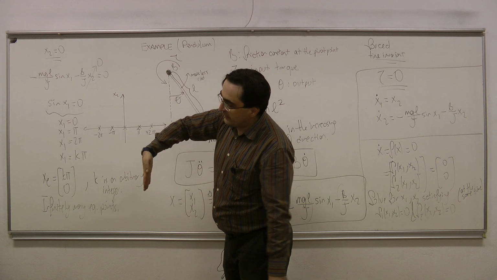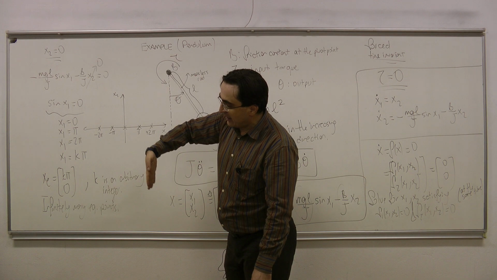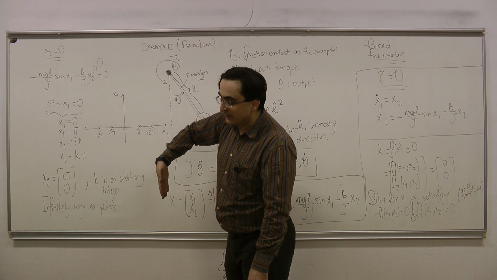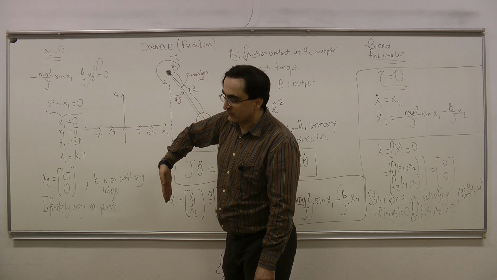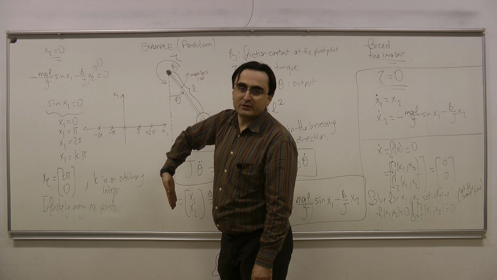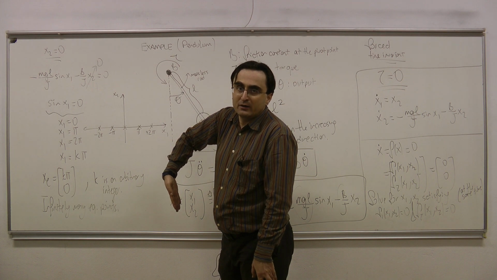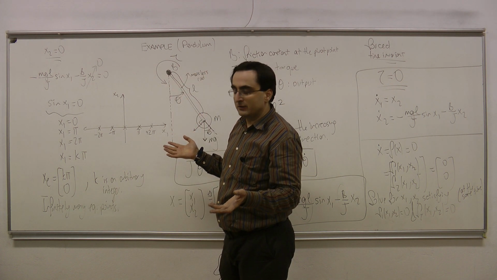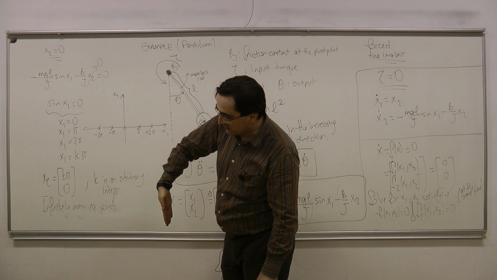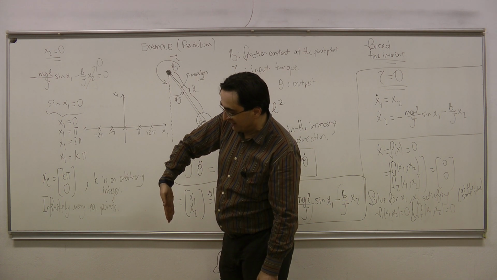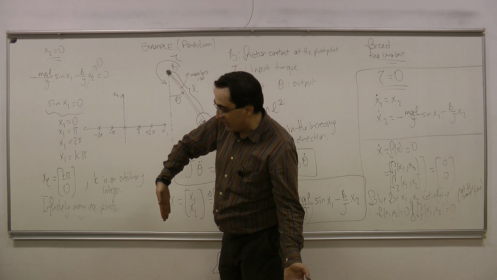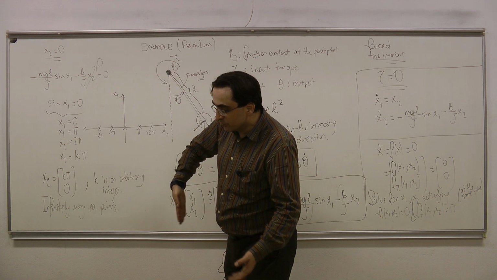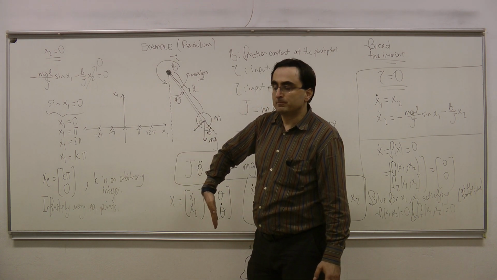You know that if you leave the pendulum at its exactly downward point with 0 angle and 0 angular velocity, the pendulum will always remain there. Because there is no external torque applied onto the pendulum. That is the downward equilibrium point of the pendulum.